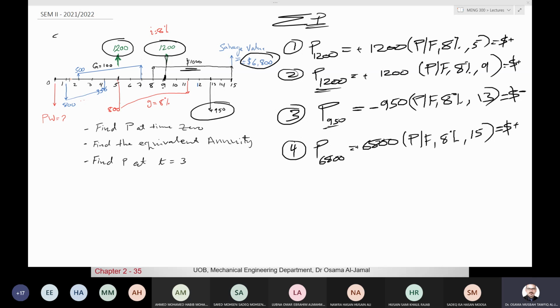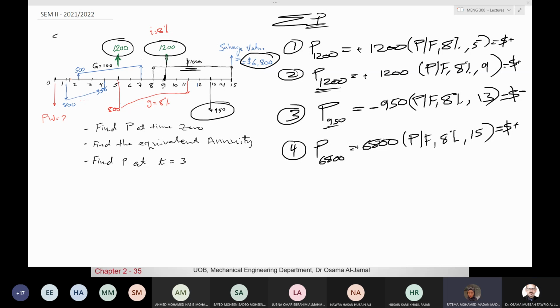So if you want to find a P for it, where will it be? Year 7, one to the left. To find the present value for that?